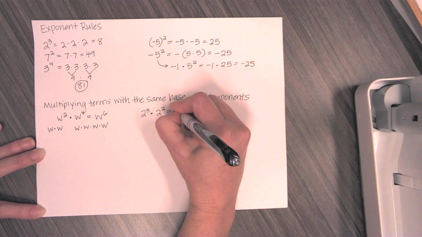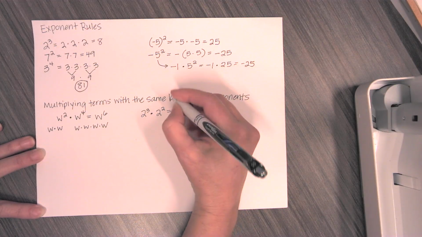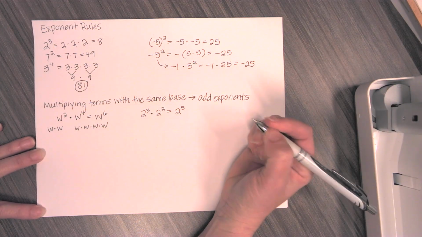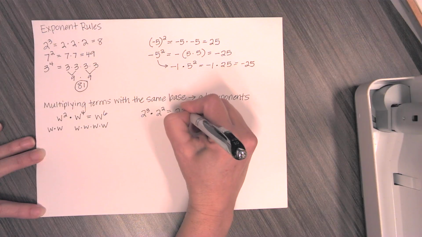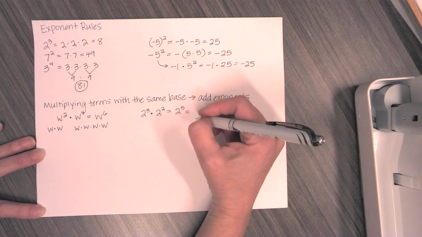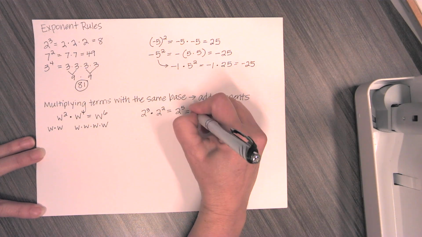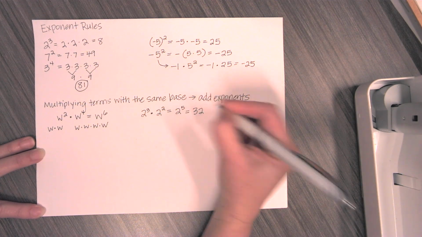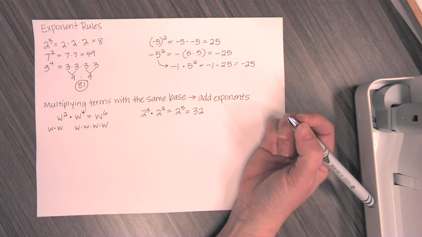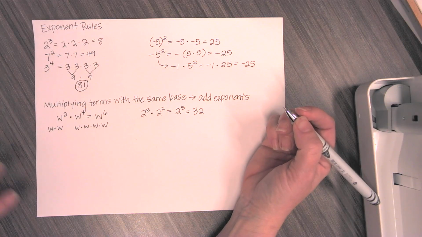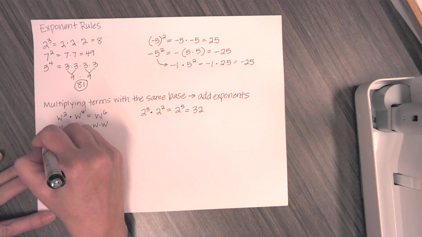All right, the base can stay the same, and we add the exponents, and then this one we can actually work out. 2 to the fifth power means 2 times 2 times 2 times 2 times 2, and that would be 32. All right, so that's the rule for multiplying terms with the same base.